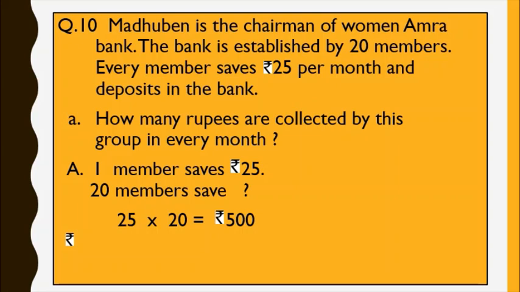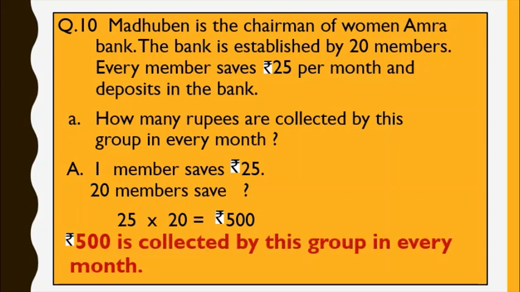So 20 and 25 cross multiply. So 25 20s are rupees 500. Now after that 500 we divide by 1. So I get the same answer. This is 500. So rupees 500 is collected by this group in every month and deposited in the bank.